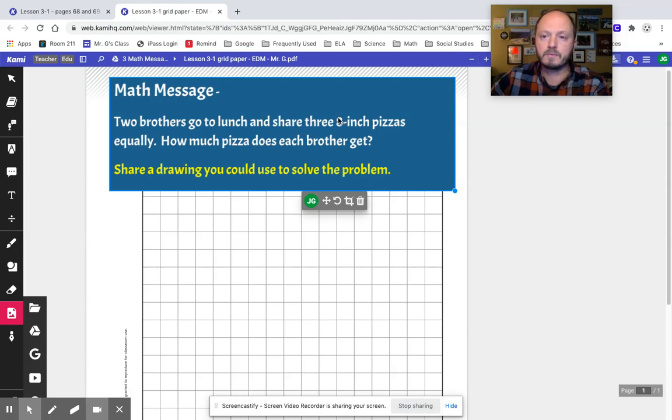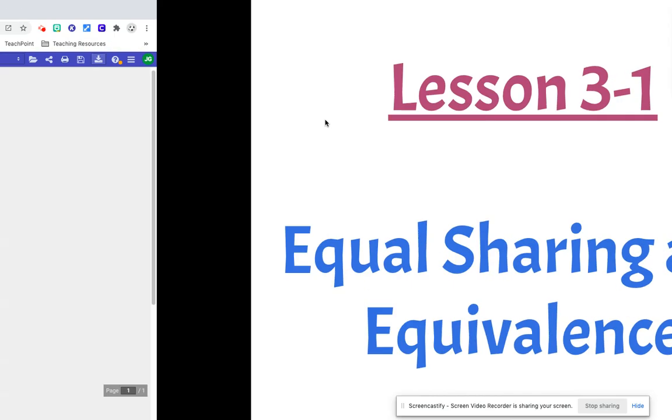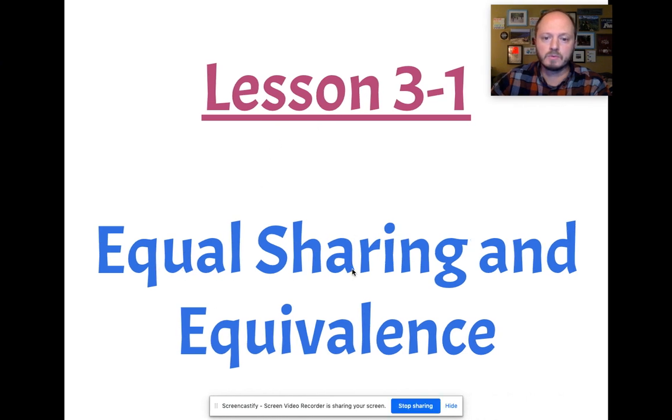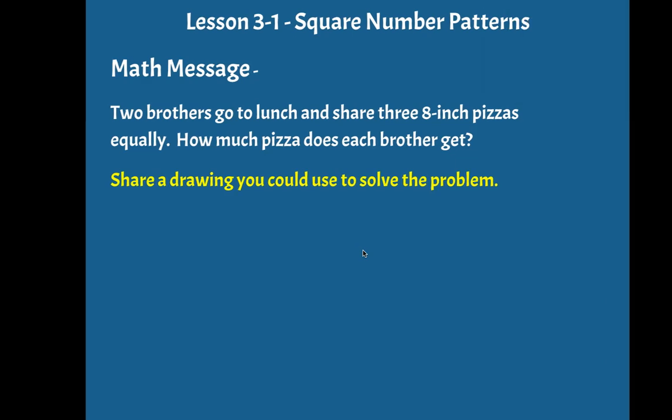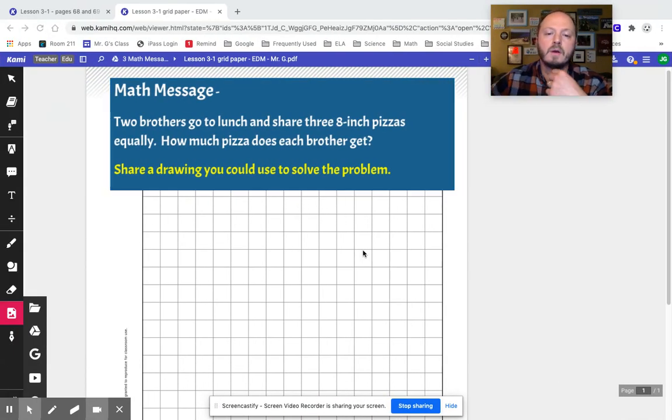Because the idea for this lesson today is we're thinking about equal sharing and equivalence. So if we have different size pizzas, then it would not work the way we want it to.